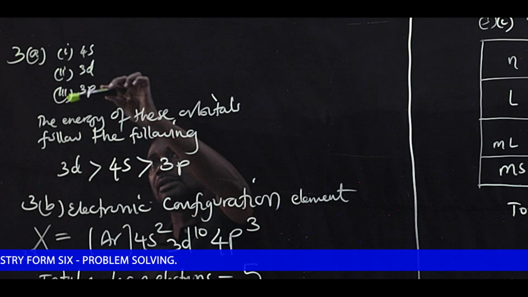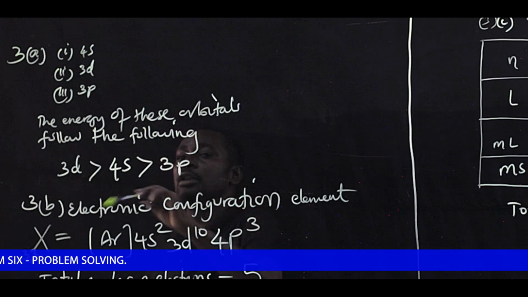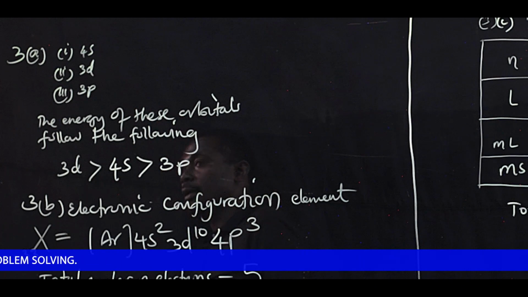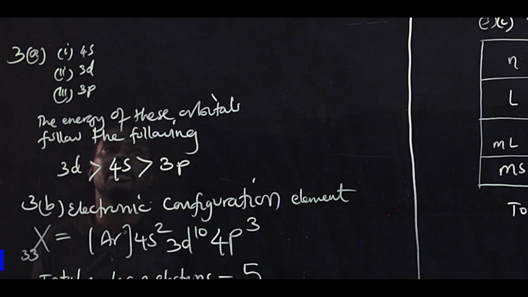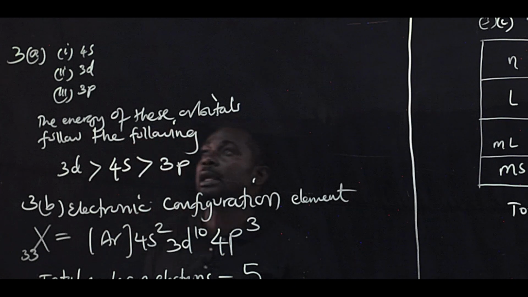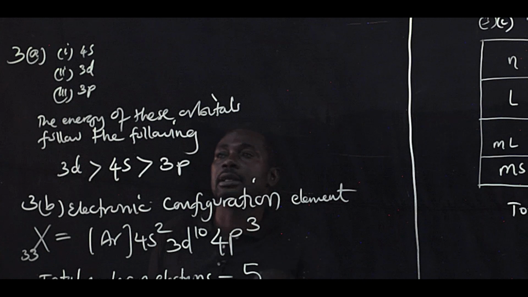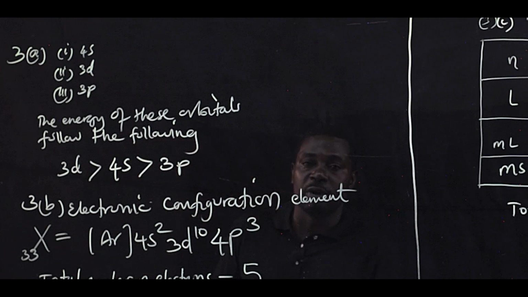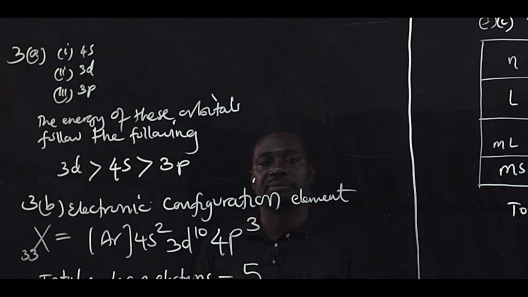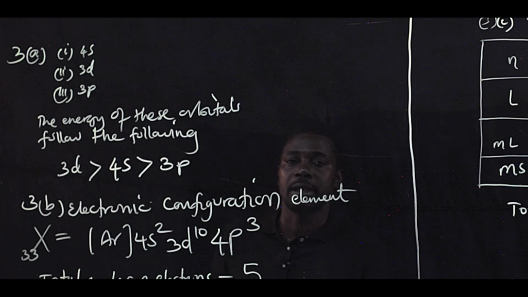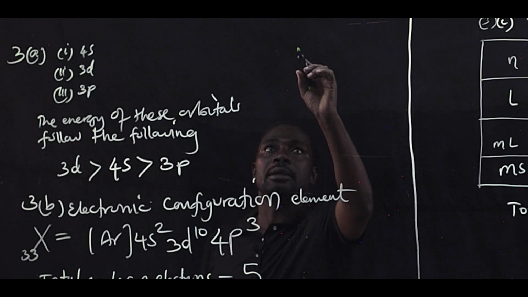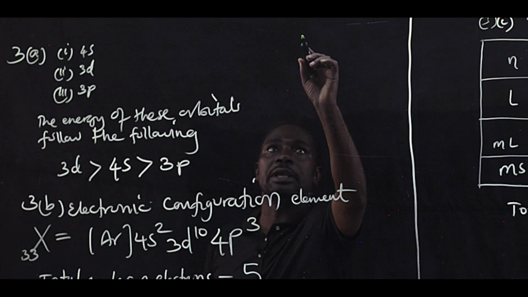So let's arrange these orbitals in order of decreasing energy level. In order to arrange these orbitals, you are supposed to remember the series which applies to electron configuration, because electron configuration is an arrangement of electrons in order of increasing energy level. That series can be obtained by using the orbitals of each shell.